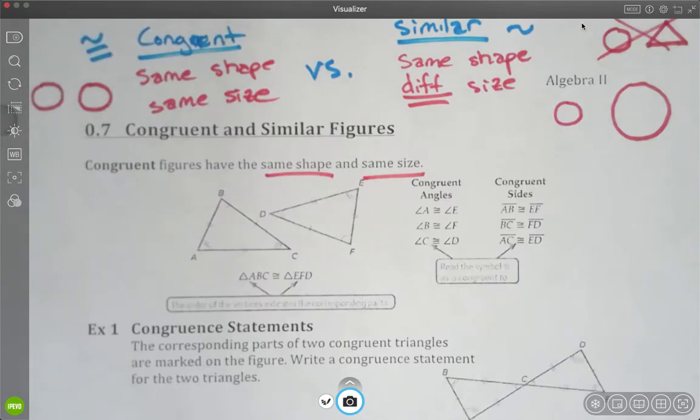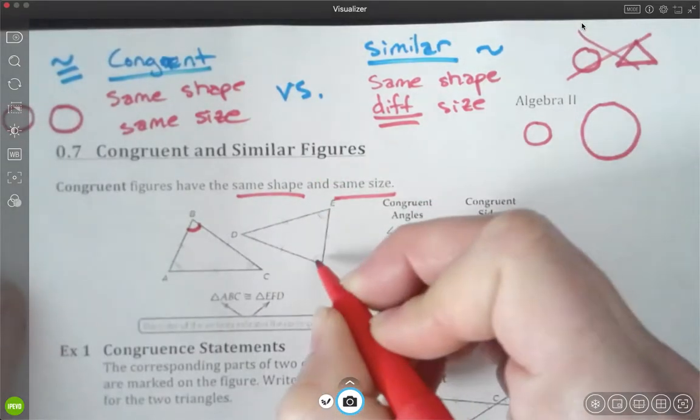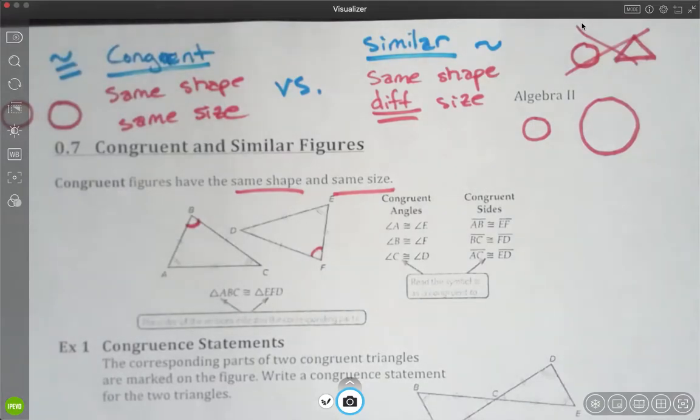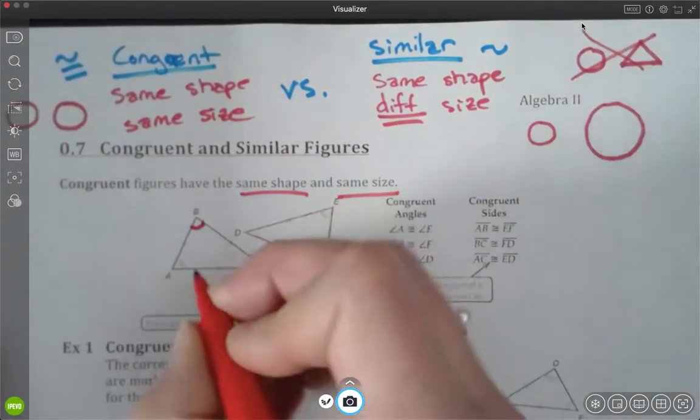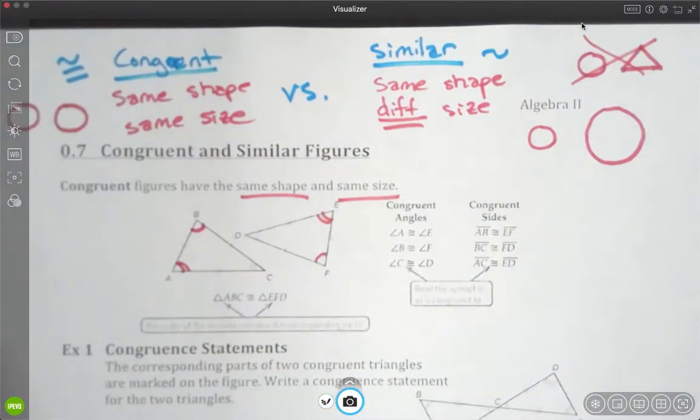That's great. The reason why I know that they are the same, you'll see this in geometry class a lot next year. You see B has one little loop on it. You can make this darker with your pencil. And F has one little loop. Now A has two little loops, and E has two little loops.